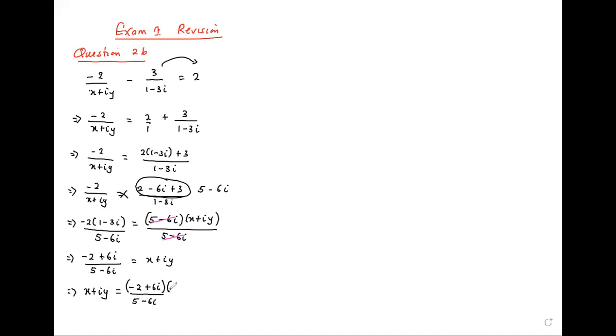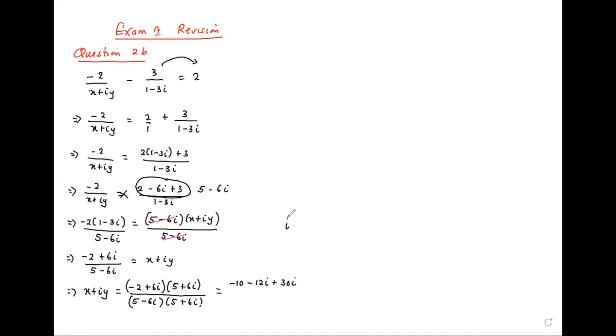Do the conjugation: we multiply top and bottom by 5 plus 6i, giving us negative 2 times 5, that's negative 10, then negative 12i, then plus 30i, then 6 times 6 gives 36i squared.